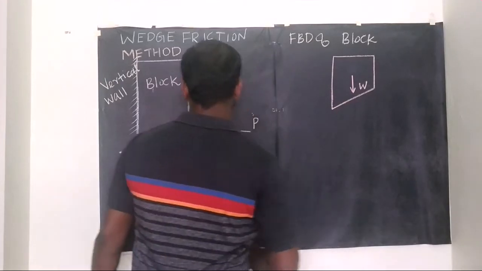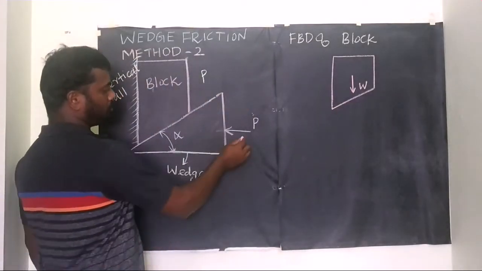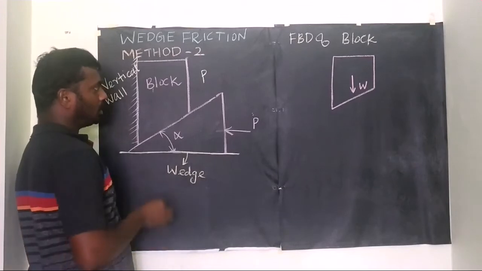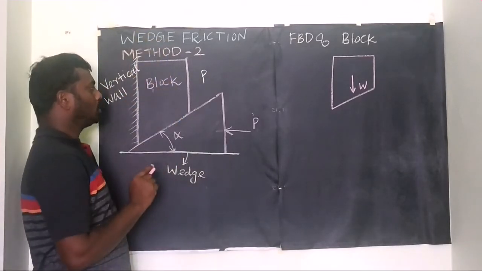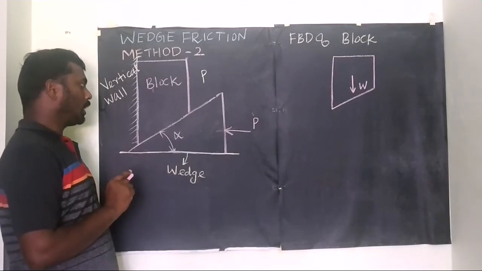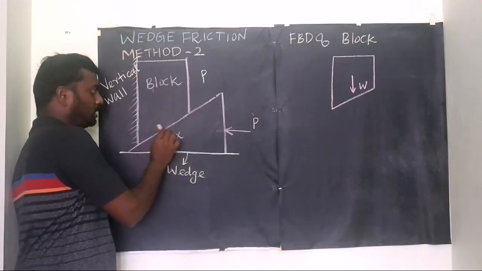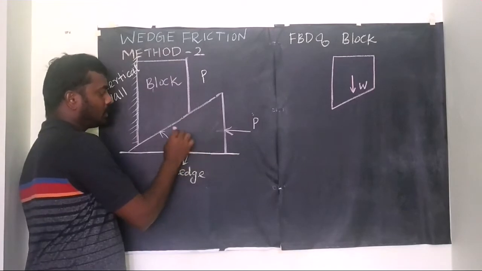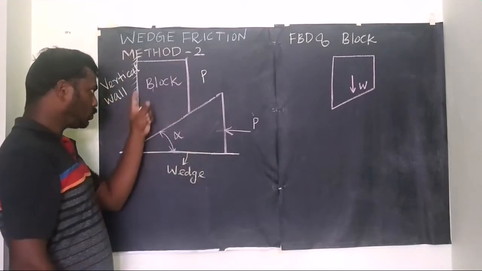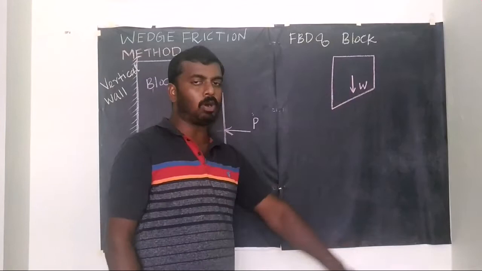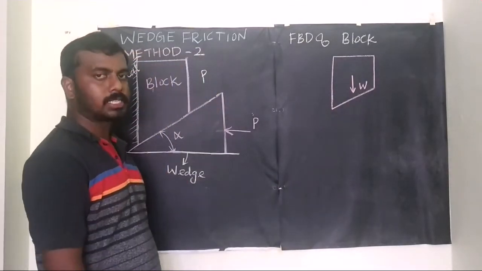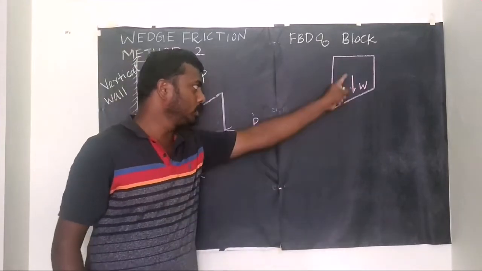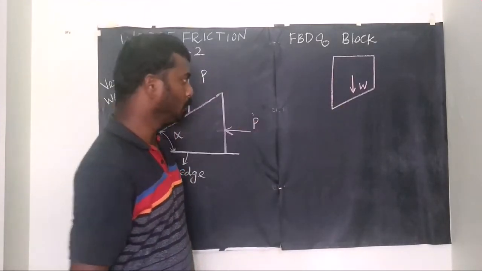Then due to application of this external force P, this heavy block starts to move upward. At that time some amount of limiting friction forces occur at the block and wedge junction. These two forces should be mentioned on the free body diagram. Before that, this vertical wall exerts some normal reaction force on this heavy block to keep it in equilibrium.